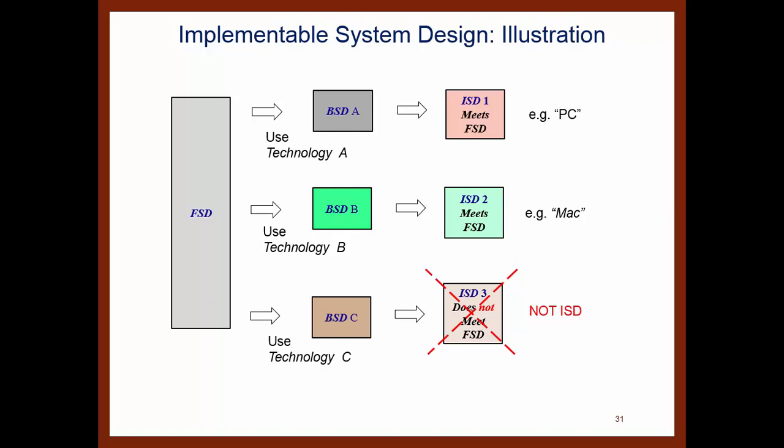In this case, I think I was using the computer example. So three different technologies. This might meet this, so we can move forward. We're going to have an implementable system design for PC and Mac. This one is not implementable, does not meet the functional system design, which was stated here. There's no technology other than these two that will meet that functional system design.